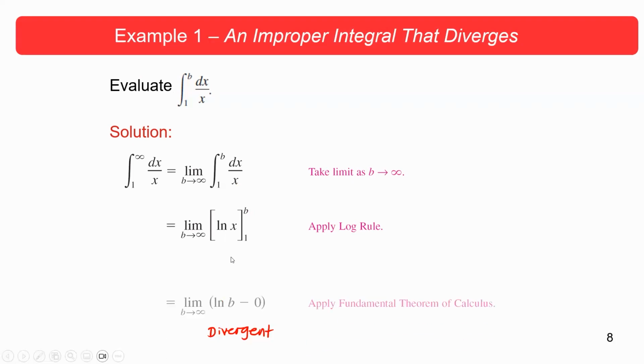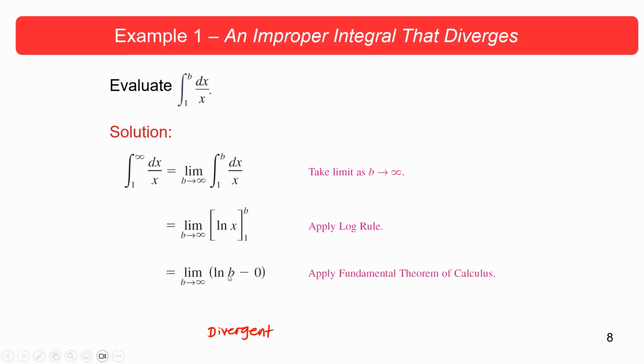And then let's plug in: ln of b, or ln of infinity, is infinity, minus 0 because ln of 1 is 0. If it's infinity, you say it's divergent because it does not converge to a single value. If it converges, it is called convergent.